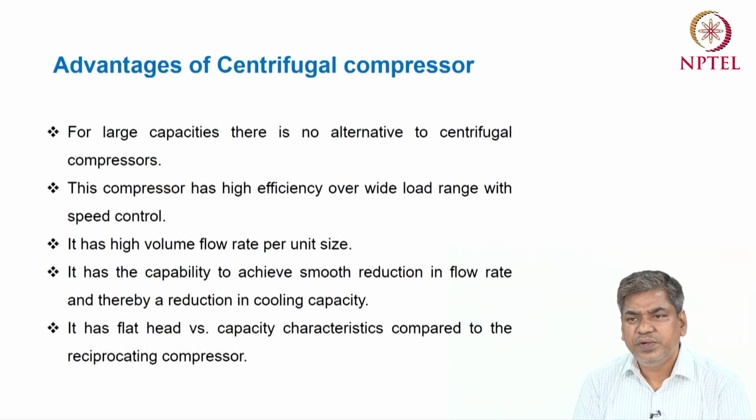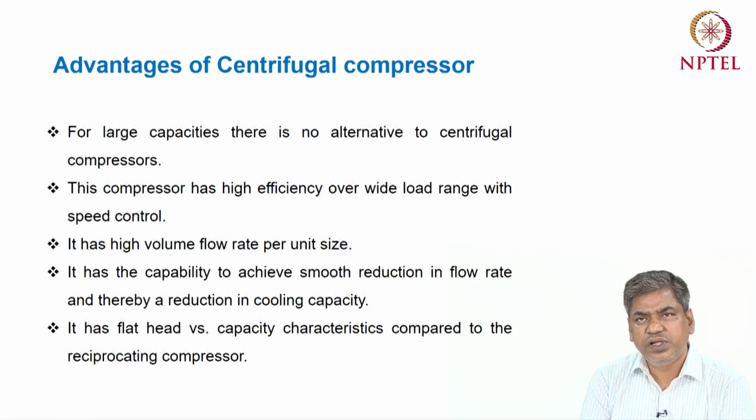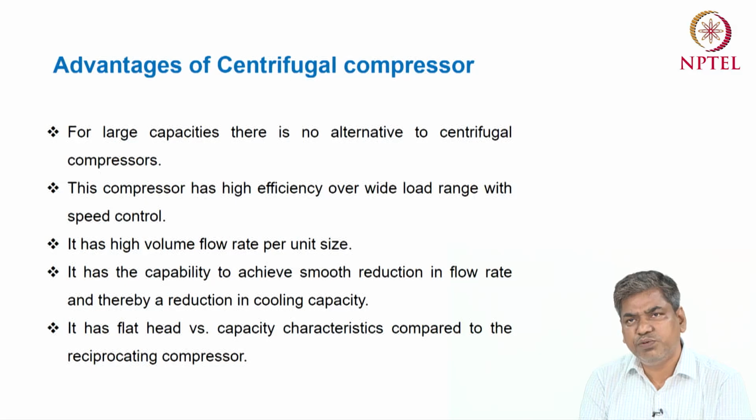Okay, so there are various advantages of using the centrifugal compressor. As I have already said, this is basically used for large capacity applications, and for large capacity applications there is no other alternative to the centrifugal compressor.